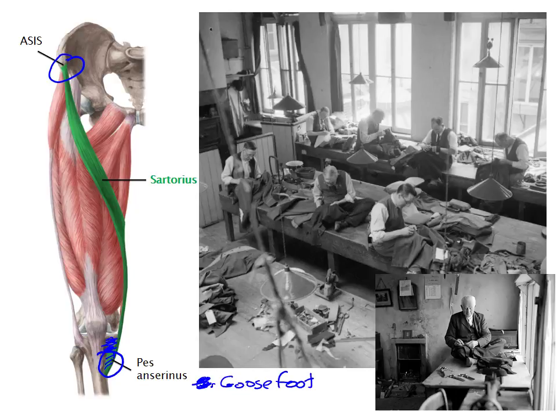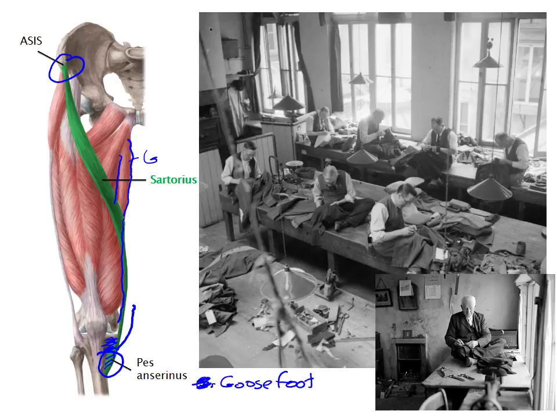I didn't mention it as such, but we have the semitendinosus on the medial side. And then we're also going to see this muscle right here insert onto the pes anserinus as it extends on the far medial side, or the inside of the thigh, as it comes down as well. That's called the gracilis, by the way.